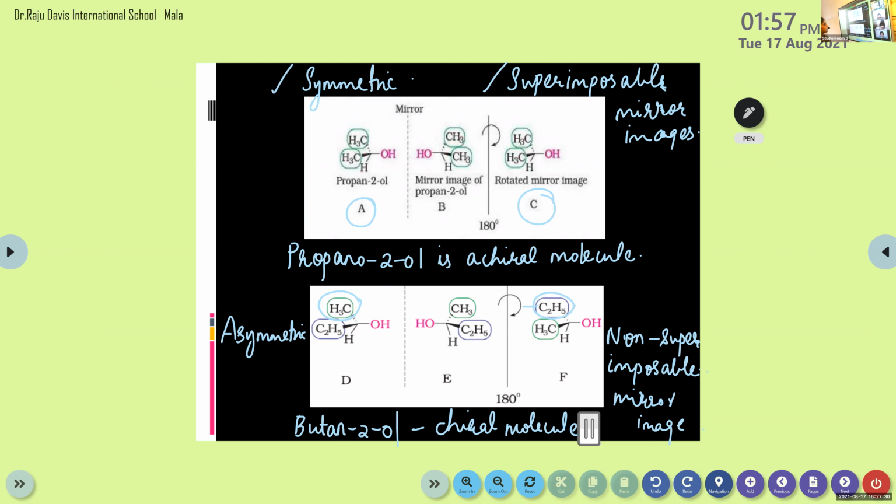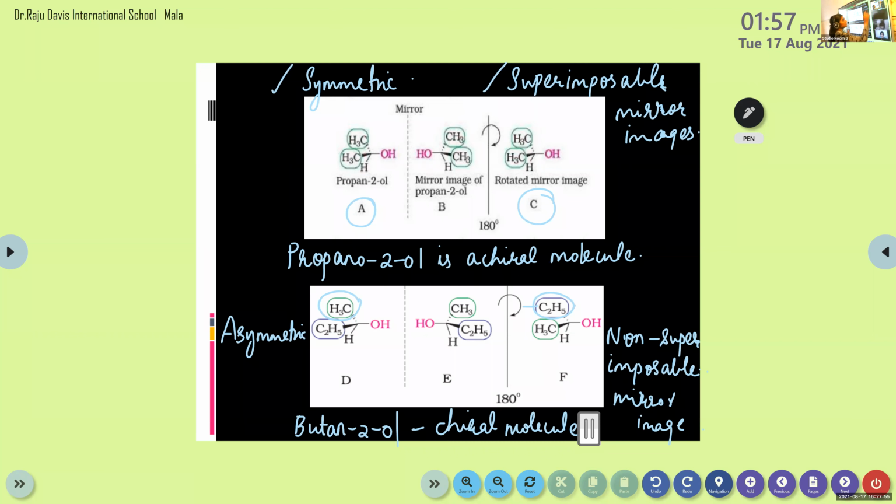Okay. So there are two factors to check whether a molecule is chiral or achiral. First, a non-superimposable mirror image. Second, whether an asymmetric carbon is present or not. Ma'am, propan-2-ol is chiral? Which one?